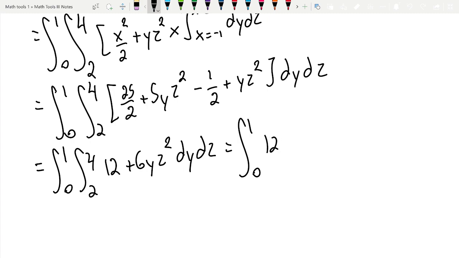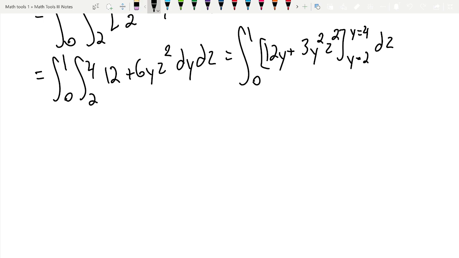Okay, so this is going to be 12y plus 3y squared z squared. And then we'll plug in our y bounds. Okay, so y equals 2 to y equals 4, dz. So now we have 0 to 1, so that's going to be 48 plus 48z squared.